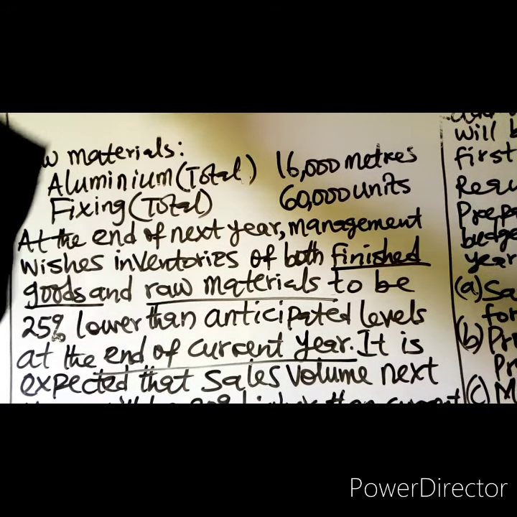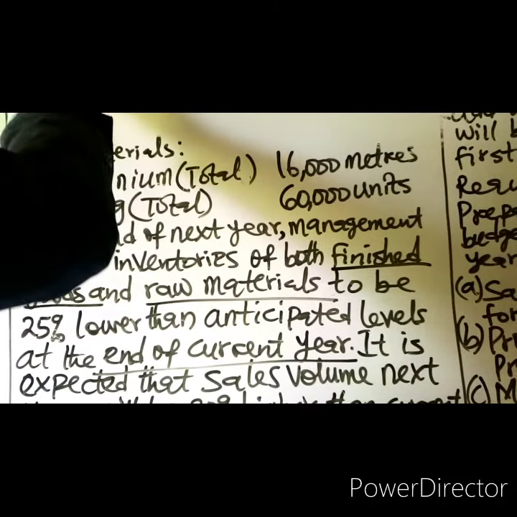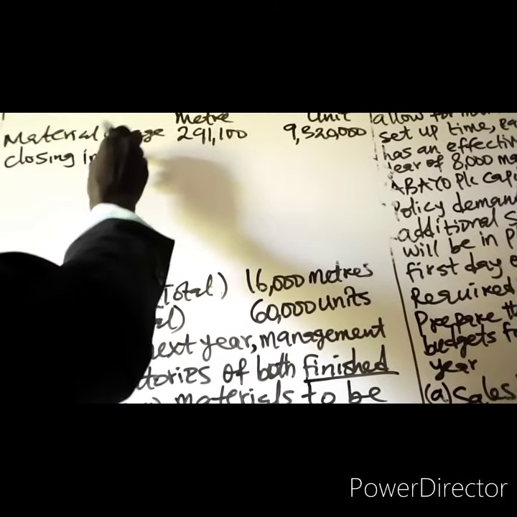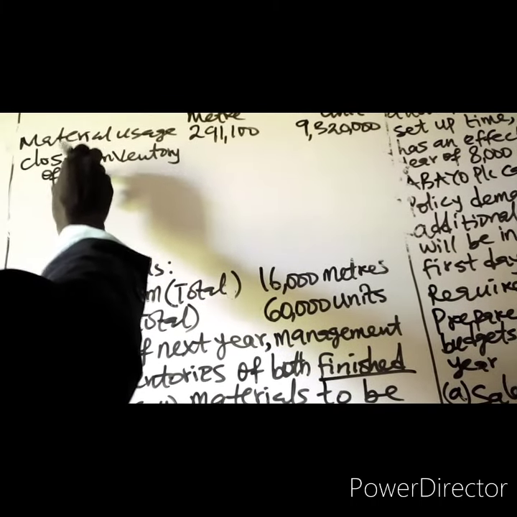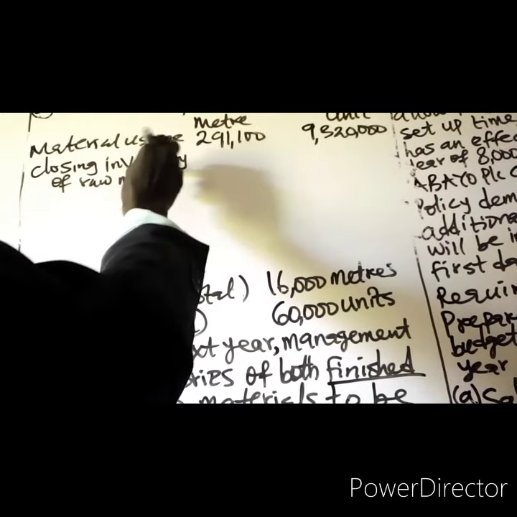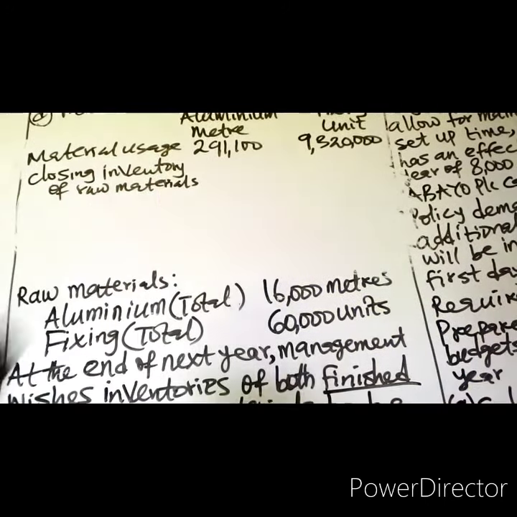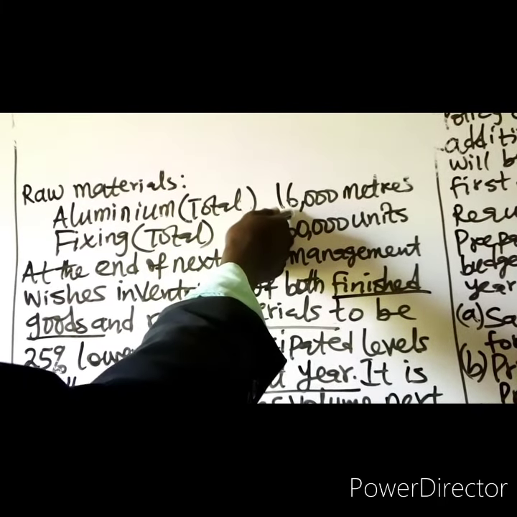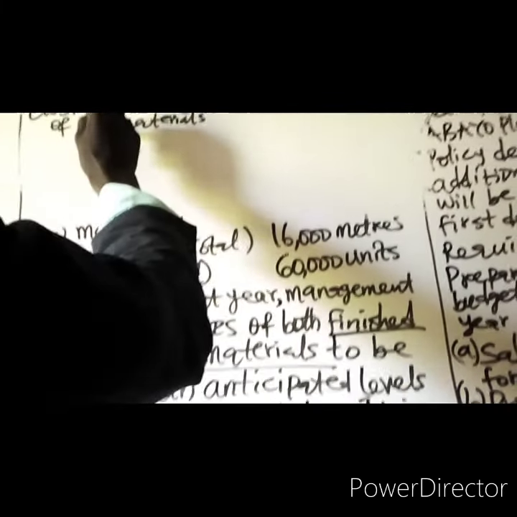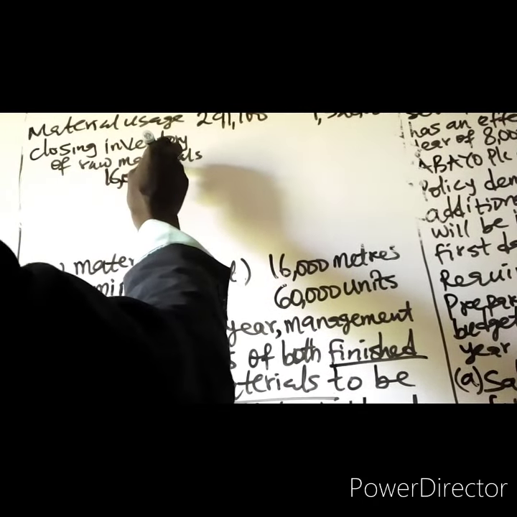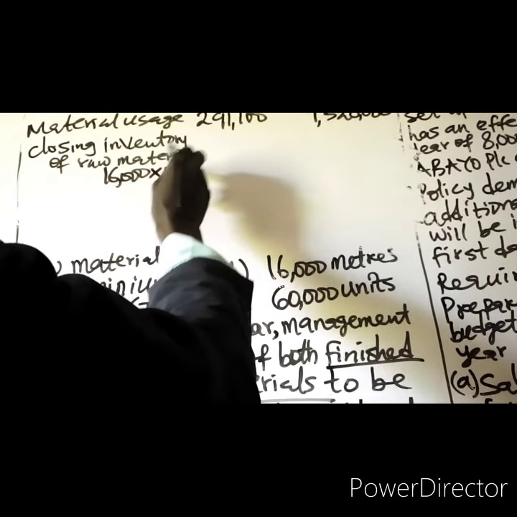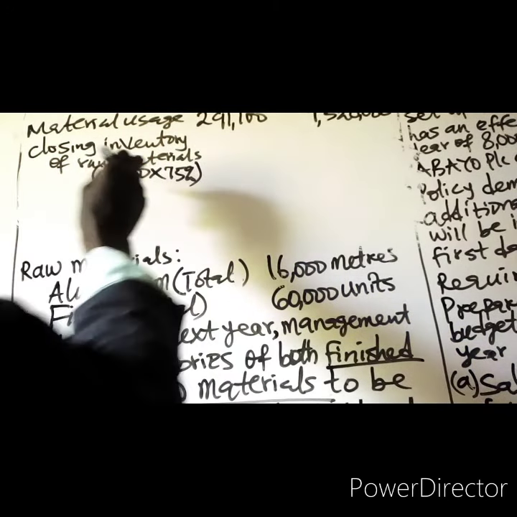Meaning the closing inventory of raw materials for aluminum, with the opening inventory of 16,000, will be 75%.